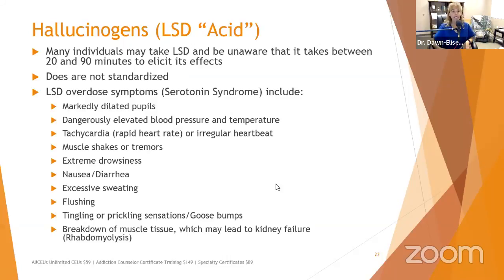LSD, like opiates, increase serotonin in the brain. An LSD overdose can produce symptoms of serotonin syndrome, which again is life-threatening. So if somebody has markedly dilated pupils, dangerously elevated blood pressure and temperature, super rapid heart rate or irregular heartbeat, tremors, muscle shakes, extreme drowsiness, nausea, diarrhea, excessive sweating, flushing, goosebumps.